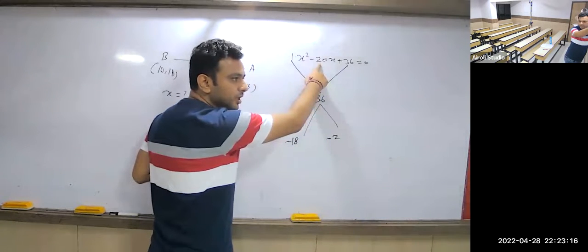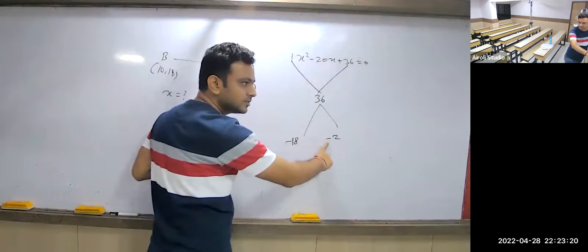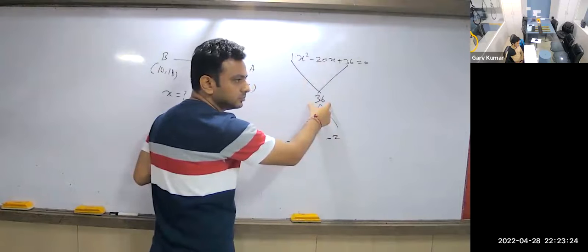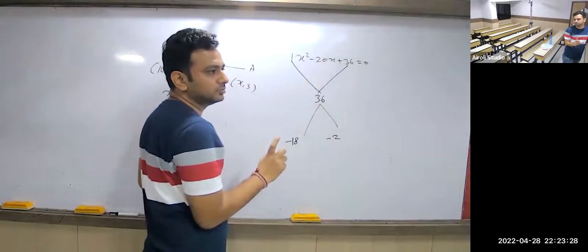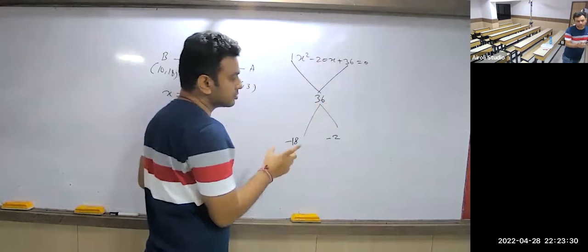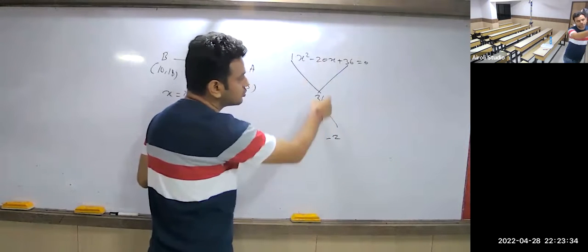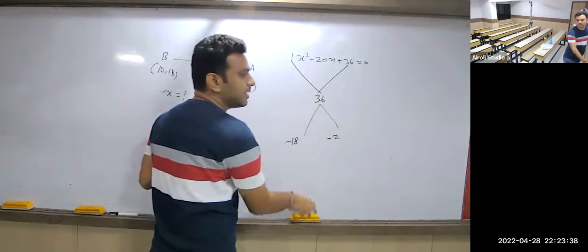If I multiply this, minus and minus will become plus, so I'm getting 18 into 2, that means 36. You have to take care of the sign. Sign is very important. So multiplication should be 36 and addition should be minus 20. Got it? So minus 18 and minus 2.